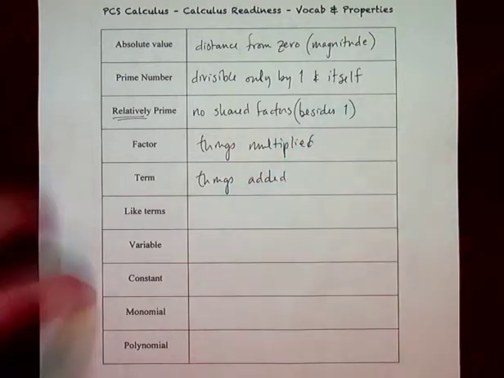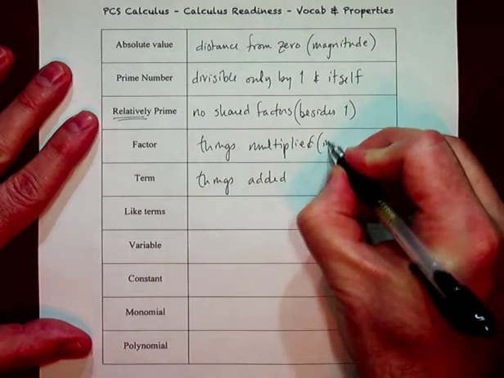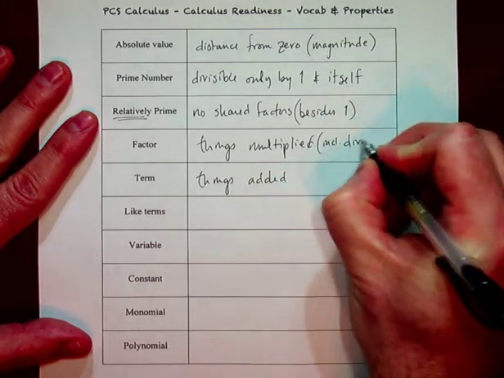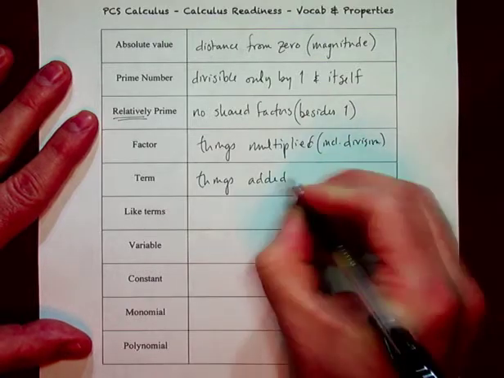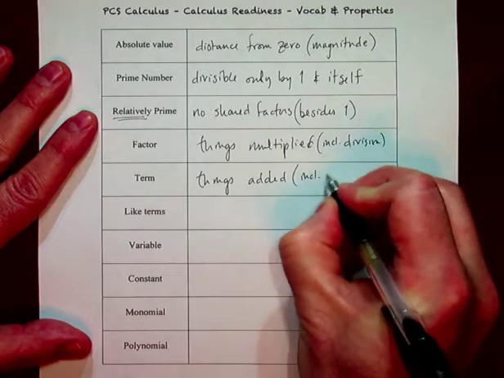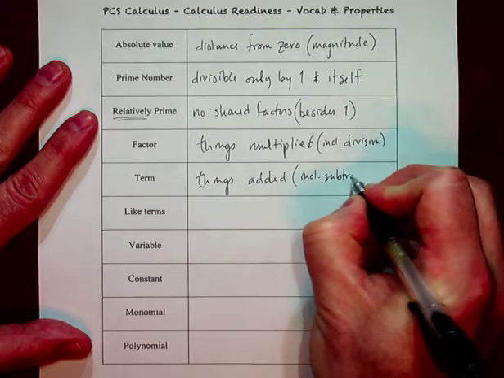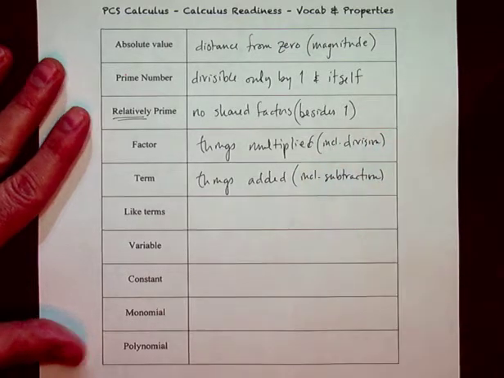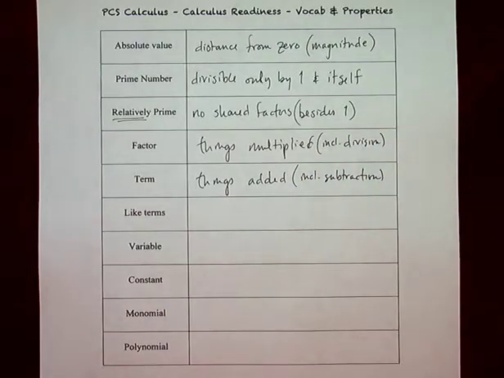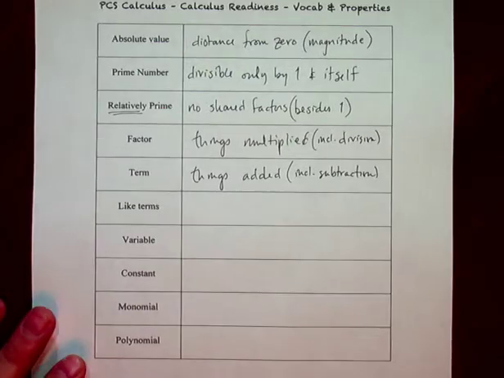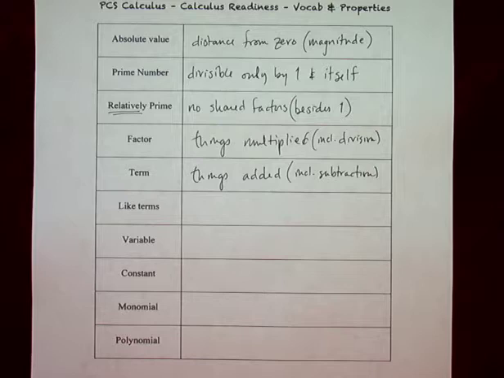And of course, multiplied would include division, and added would include subtraction, since multiplication and division are really the same thing, and addition and subtraction secretly the same thing, right? So basically factors are things multiplied.